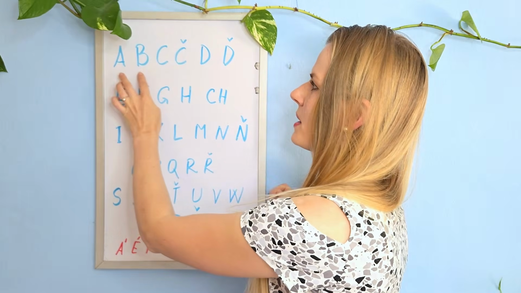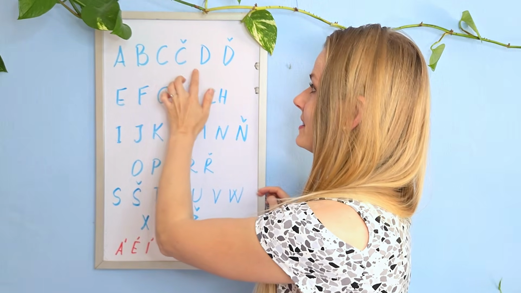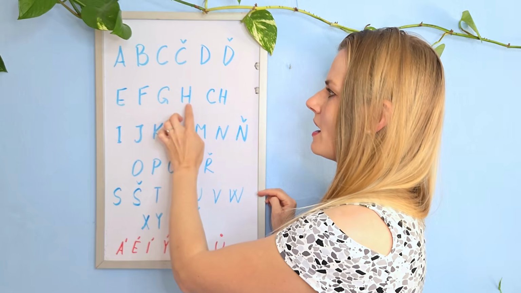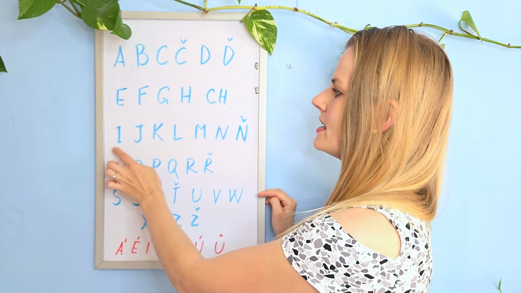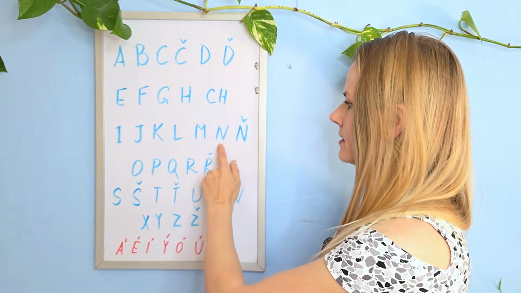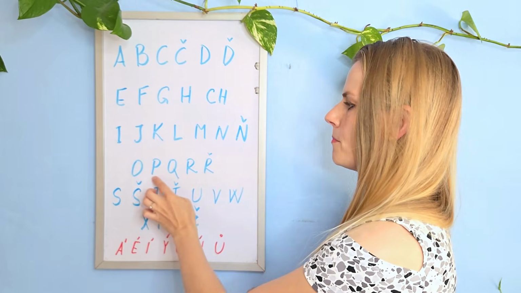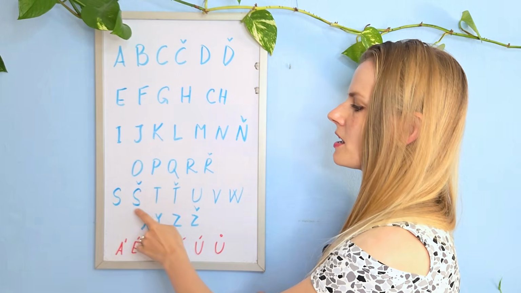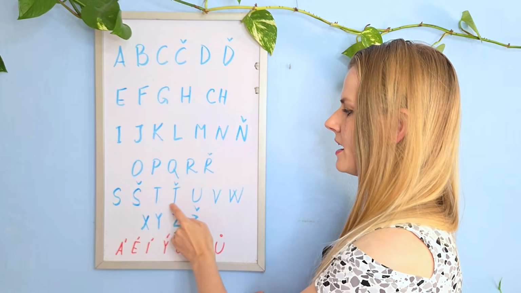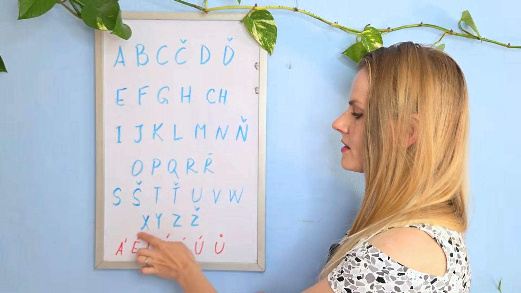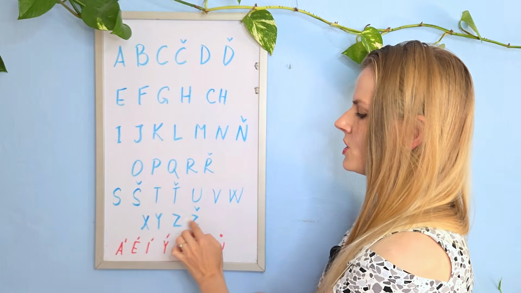So first, let's read the alphabet together. A, B, C, Č, D, Ď, E, F, G, H, Ch, I, J, K, L, M, N, Ň, O, P, Q, R, Ř, S, Š, T, Ť, U, V, dvojité V, X, Y, Z, Ž.